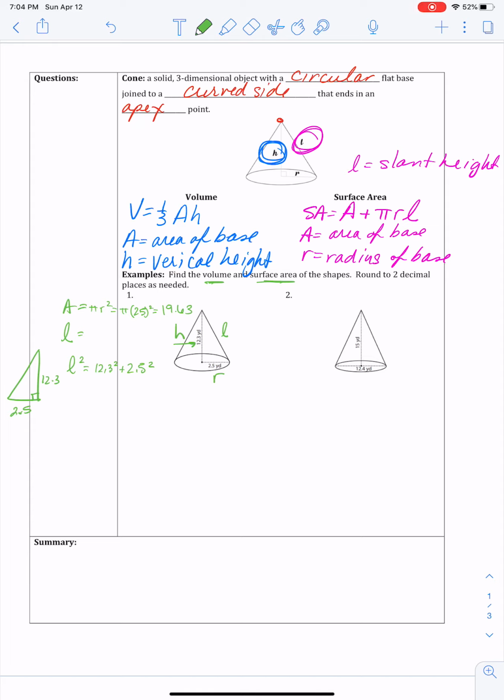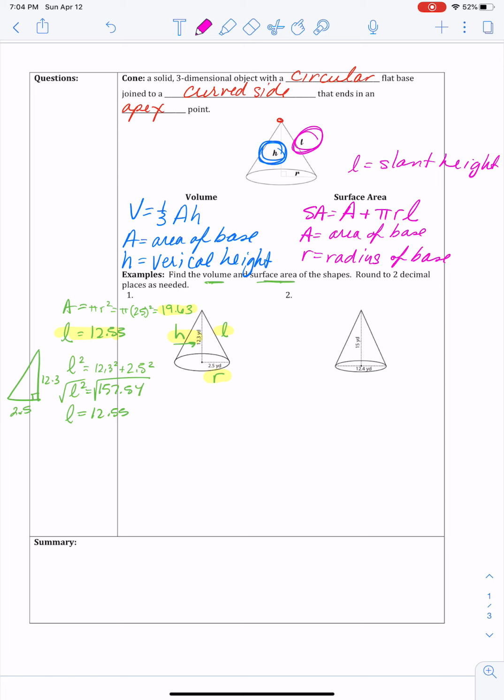That means L squared equals 157.54, so that when I take the square root of both sides, L is 12.55. So now I have the area and I have the slant height, so I can find everything else, because here's my H and my L and my R for the formulas.